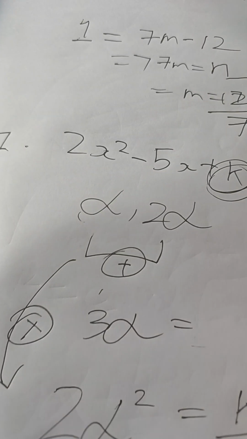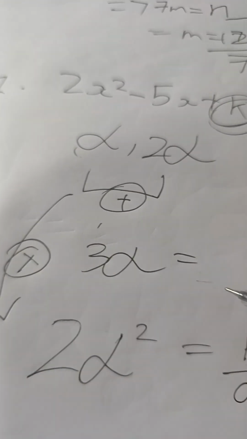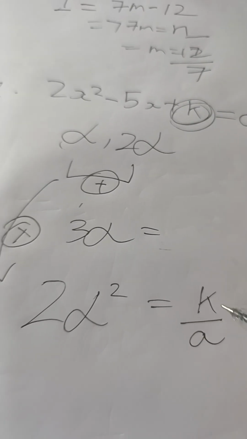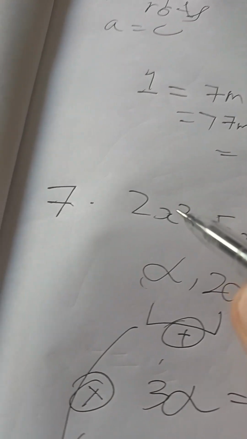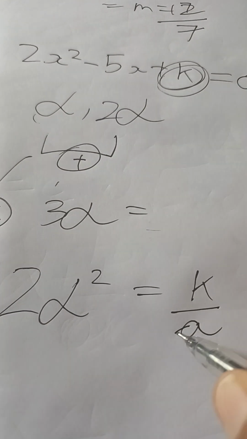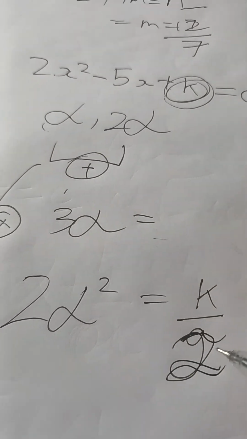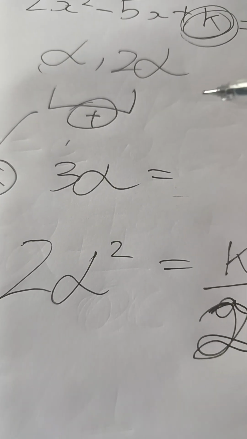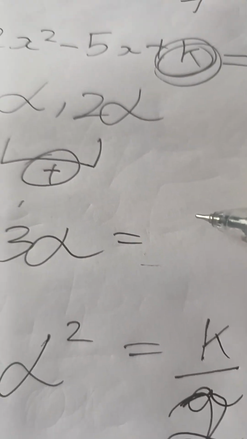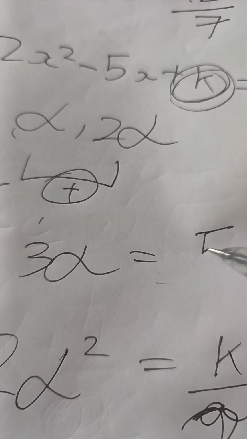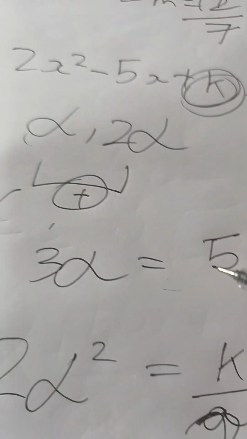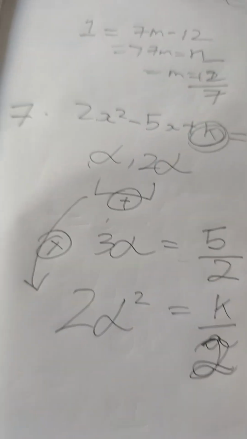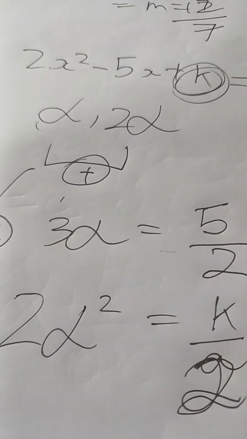Honestly this one looks shockingly useful now, because 3 alpha is minus b by a. Also case 2, it's given right here. 2 alpha square is k by 2, and 3 alpha is minus b by a, so minus 5 by a, it's 2. Yeah, 3 alpha is just that.